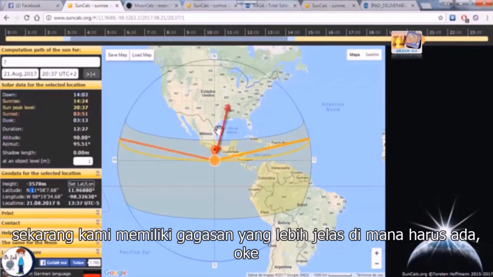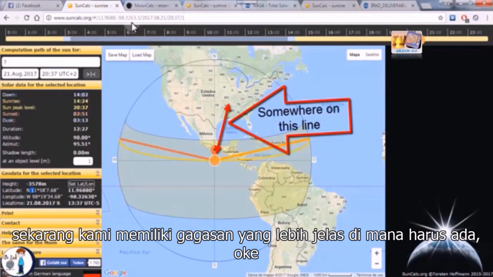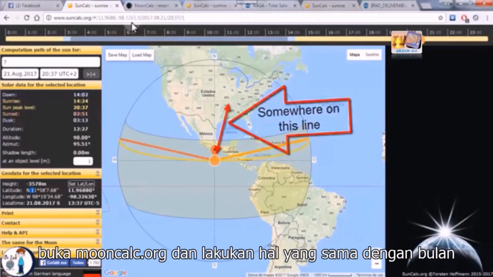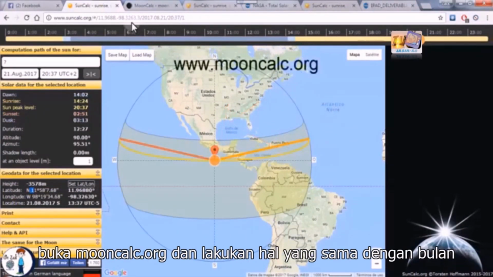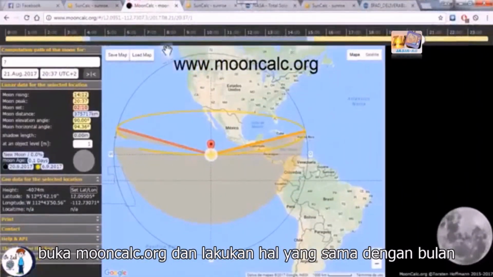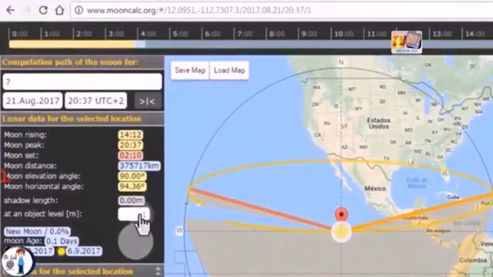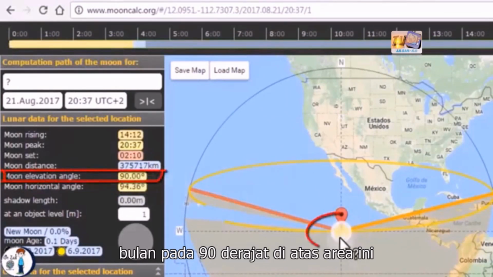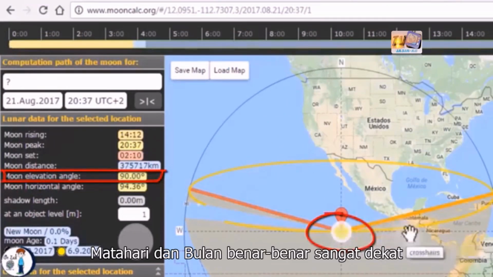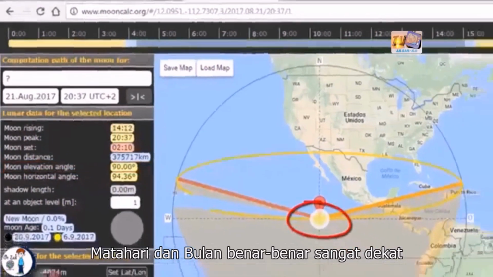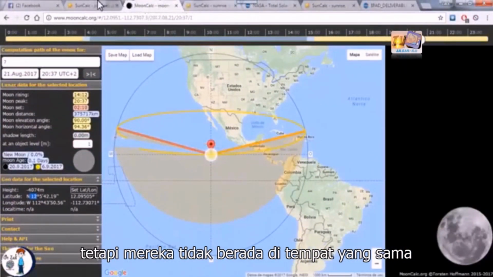Okay. Now we have a clearer idea where the moon has to be. Now what we're going to do next is go to mooncalc.org and do the same thing with the moon. I have already done that too. As you can see, the moon is 90 degrees above this area. The sun and moon are really very close to each other, but they are not on the same spot.